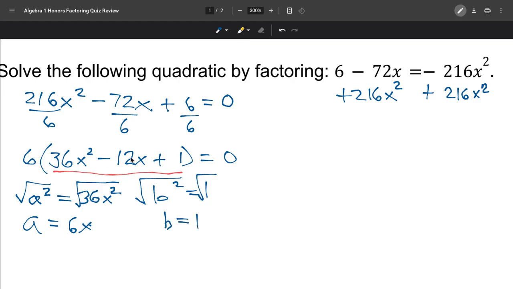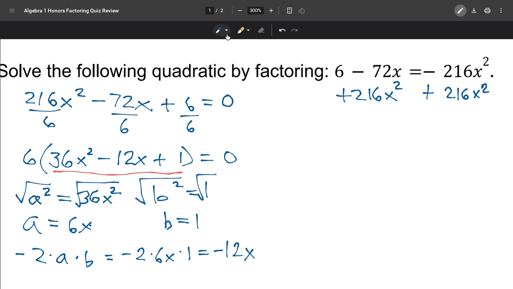Now this is a minus here, so this is the second pattern. So minus 2 times a times b is going to be negative 2 times 6x times 1, that's negative 12x. Okay.